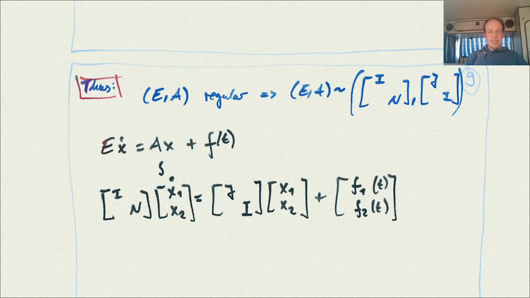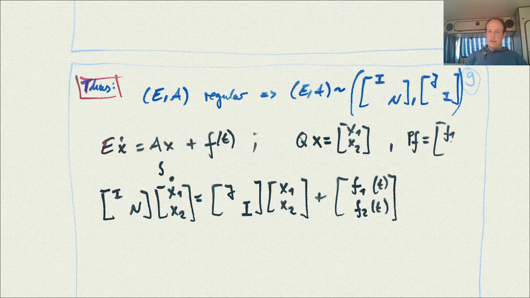Okay, but note that there were also state transformations involved, so let me write this down. Here is this state transformation, that Q x is now x1 and x2, and we have that P f is f1 and f2.